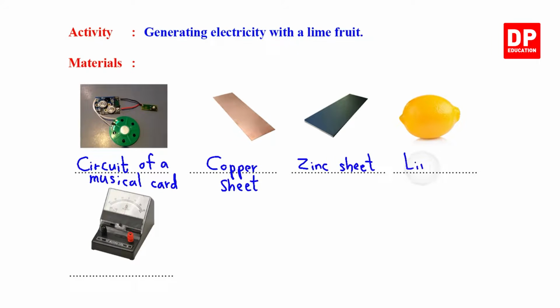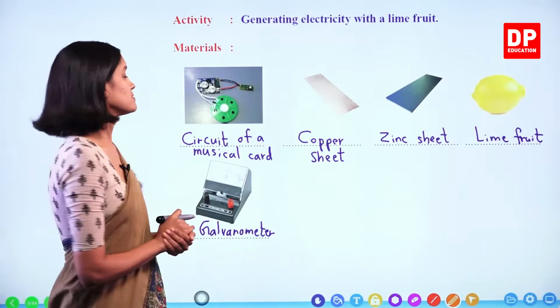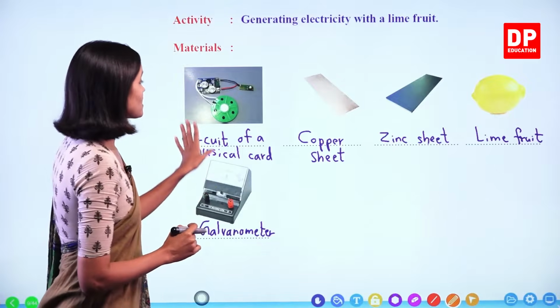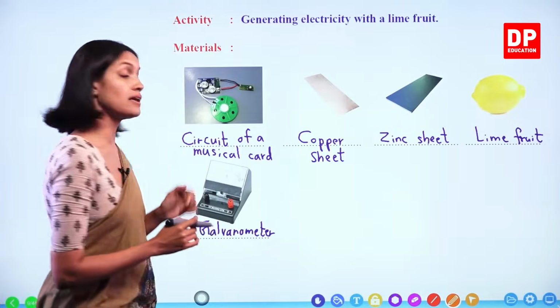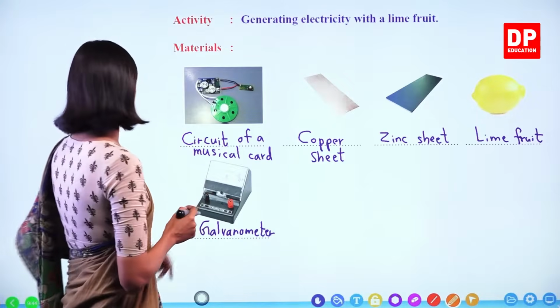Lime fruit. And we need a galvanometer. Okay, children. Circuit of a musical card, copper sheet, zinc sheet, lime fruit and galvanometer. We'll see how to do this one.